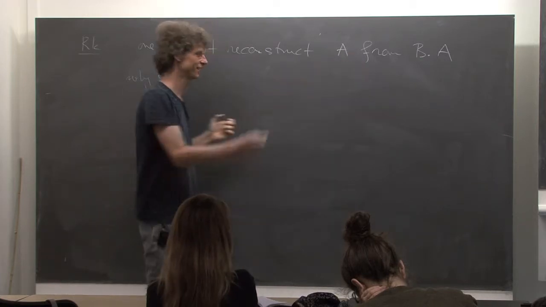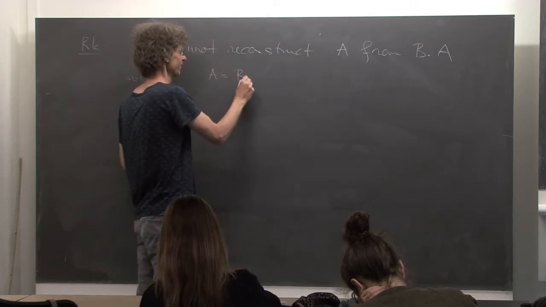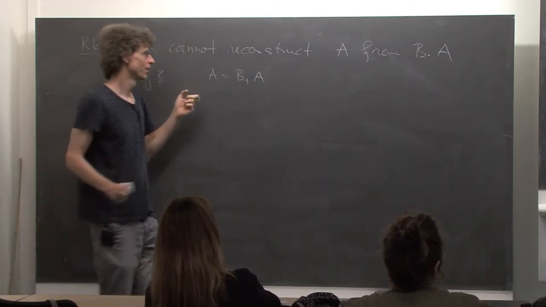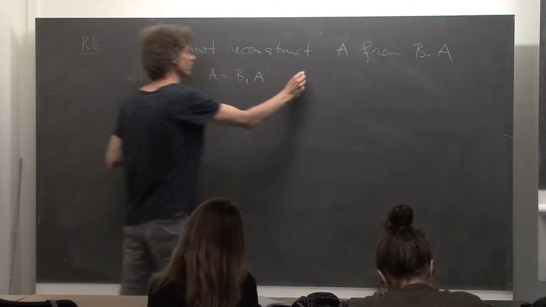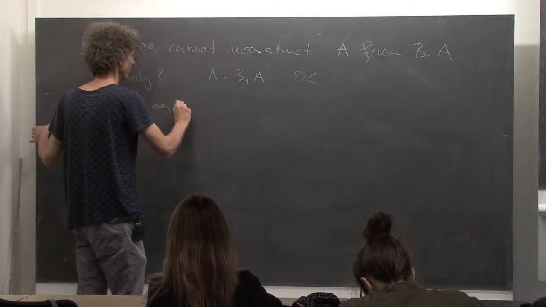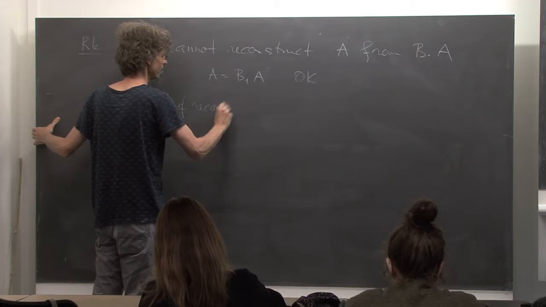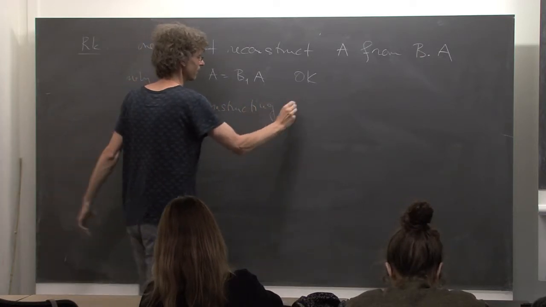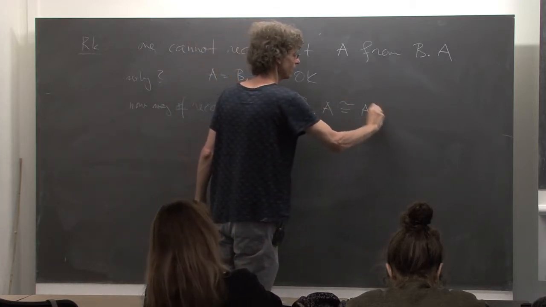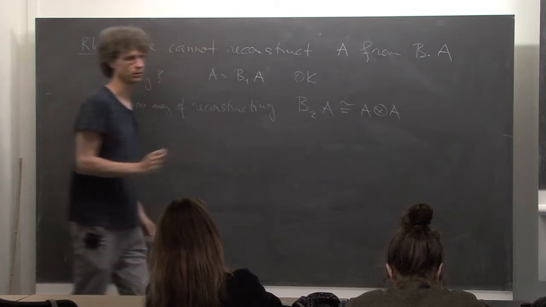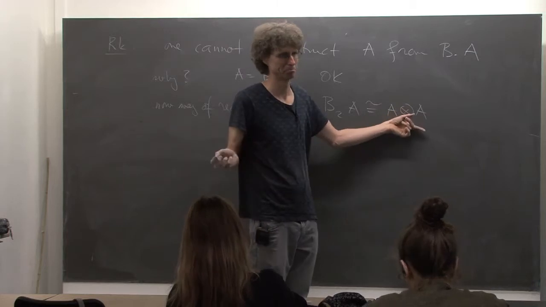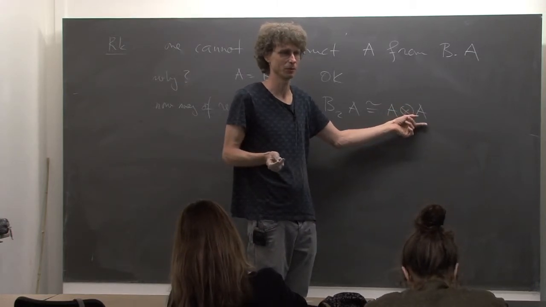It's just B1 of A. So it starts very well, but then there is no way of reconstructing this isomorphism between B2 of A and A tensor A. One just cannot do that. Strange, maybe it's strange, but okay.